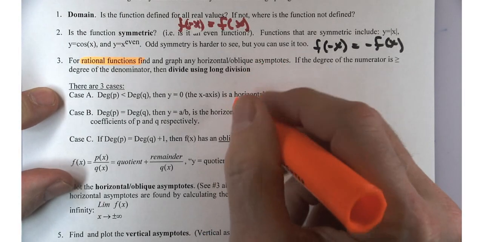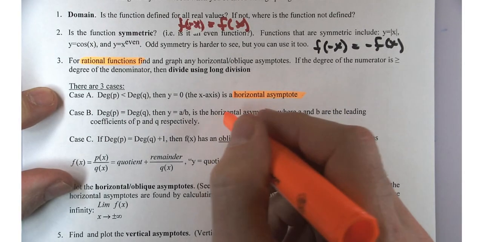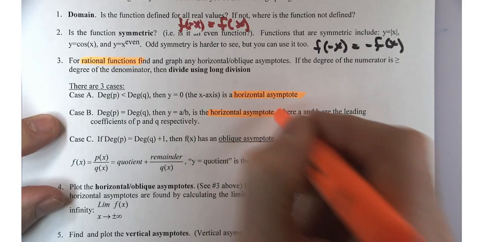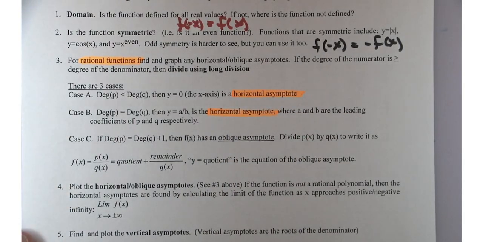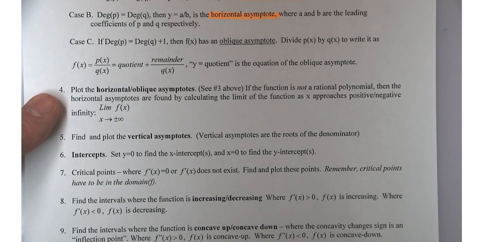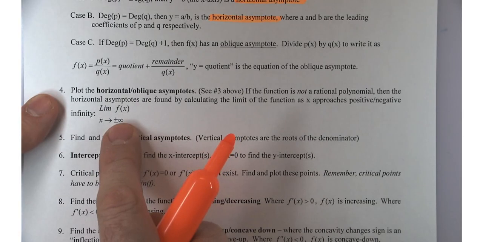Those are going to be when you have a degree in the numerator that's less than the degree in the denominator or equal to the degree in the denominator. Then you're going to get these horizontal asymptotes. So nice cases there. Horizontal asymptotes are also determined by looking at the limit as x approaches infinity or negative infinity.